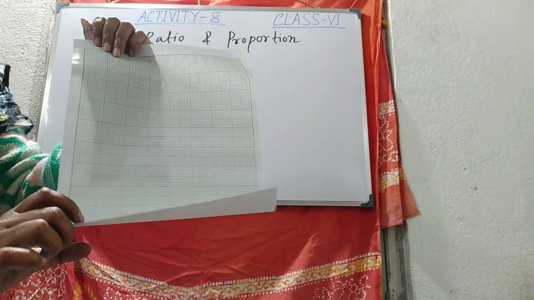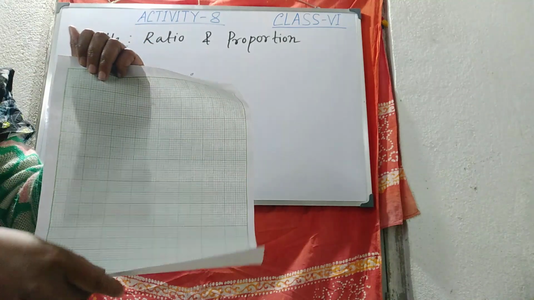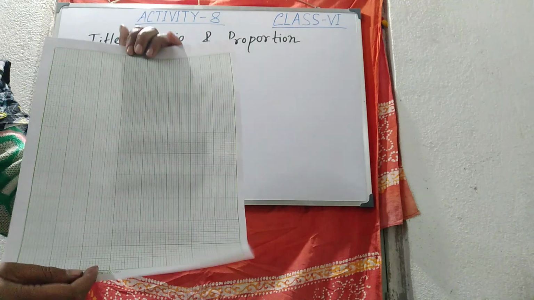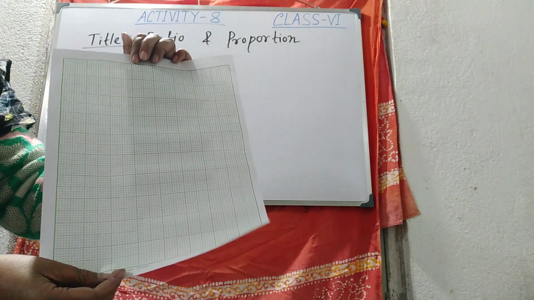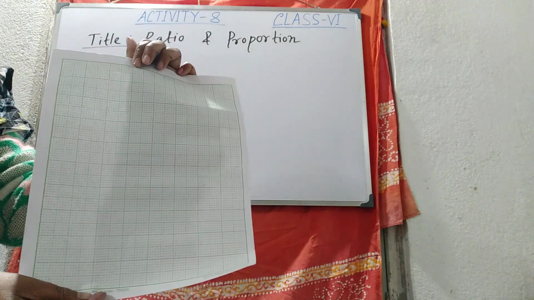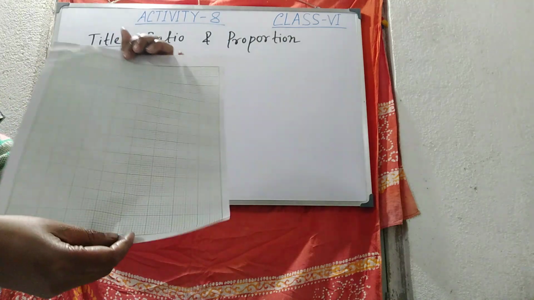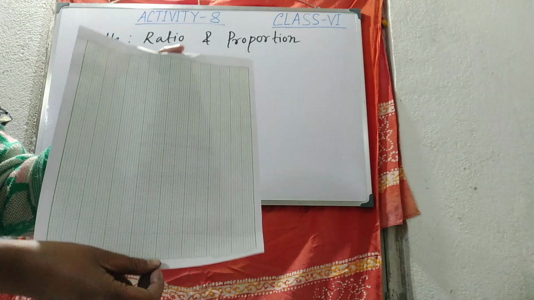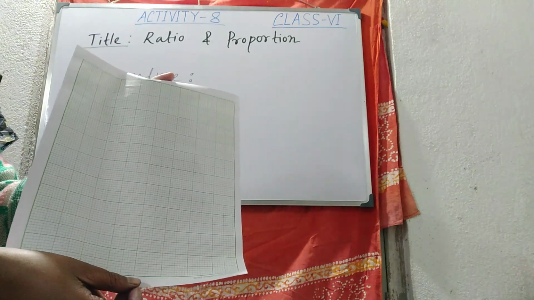So if we multiply 10 with 8, we get 80. So 80 will be the total number of square boxes. In this graph paper, a total of 80 square boxes are there.